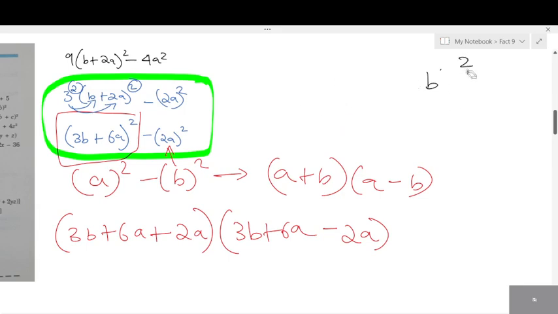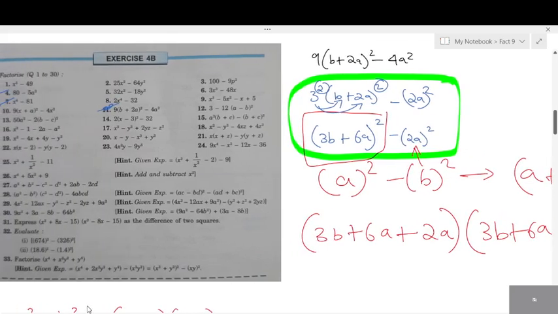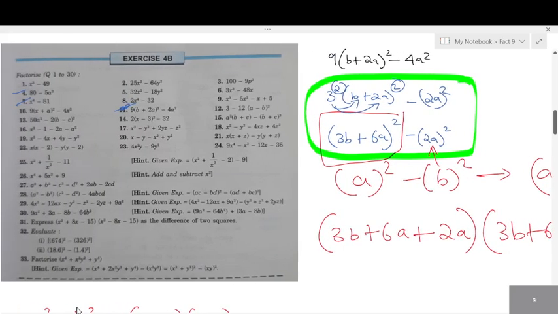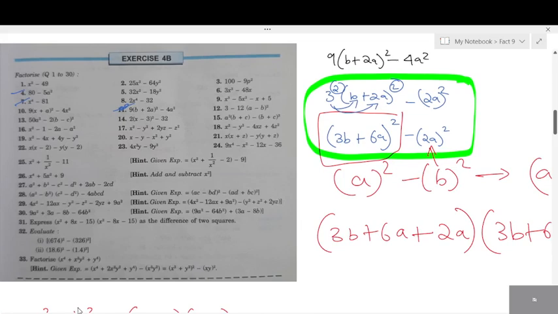Okay, now complete this question. Complete this and try the 10th one.